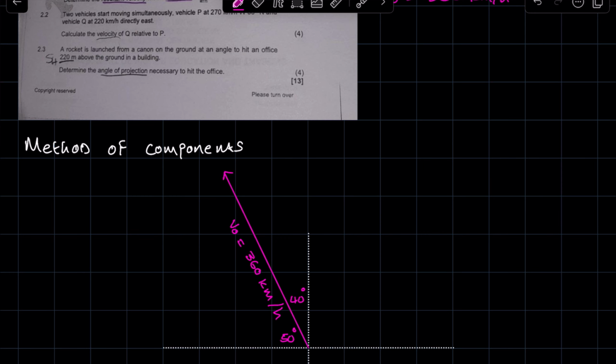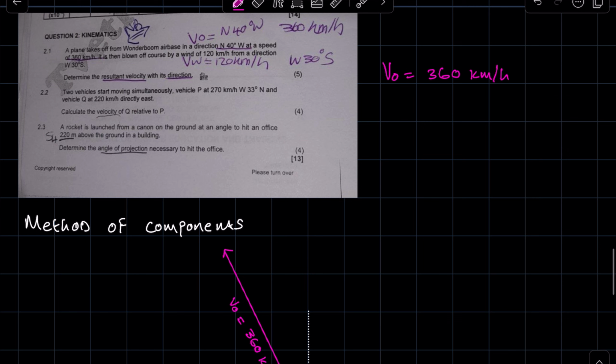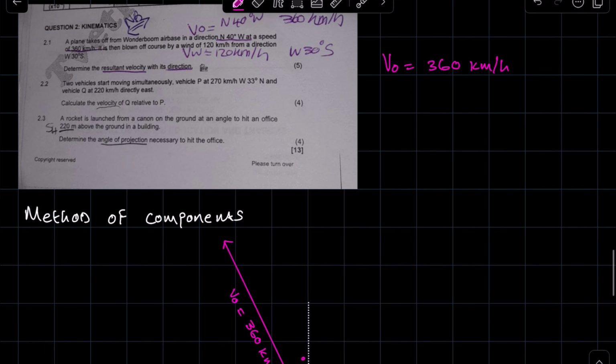Now, as is evident, VO, the original vector, is oblique. And remember, in the method of components, in order for us to apply conditions of equilibrium, we need vectors that are parallel to the Cartesian plane, be it parallel to the y-axis or the x-axis.